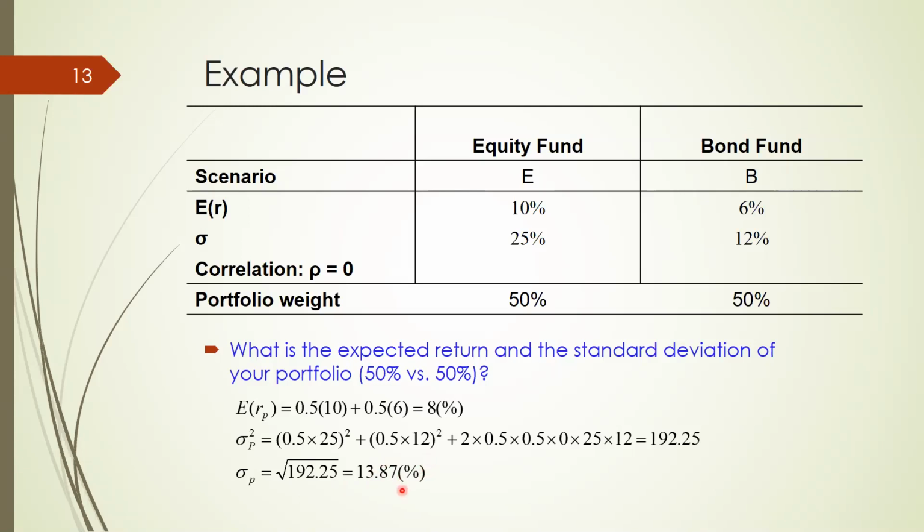So when we combine equity and bonds with a 50-50 allocation, we are able to improve the return from bonds by 2 percentage points, or 1/3, while our standard deviation relative to that of bonds didn't increase by 1/3. It only increased slightly because of the diversification effect between equity and bonds.